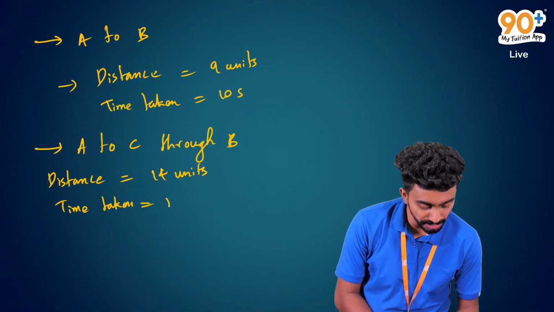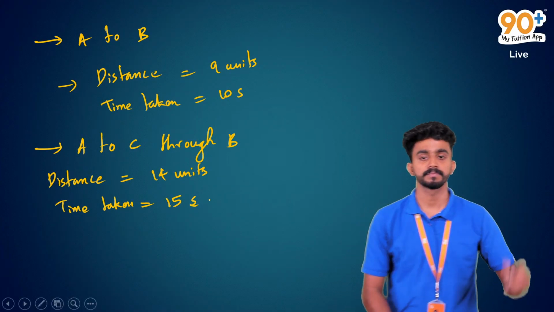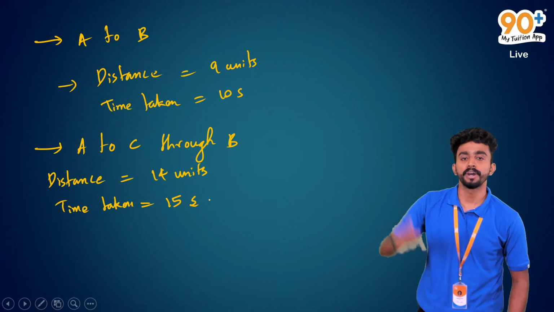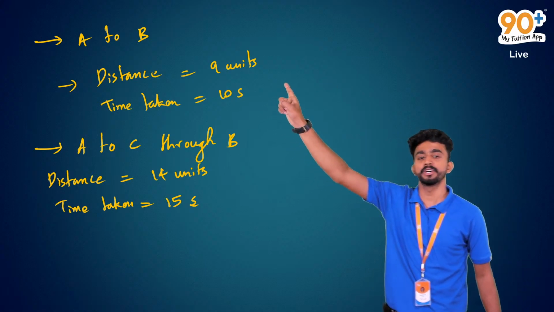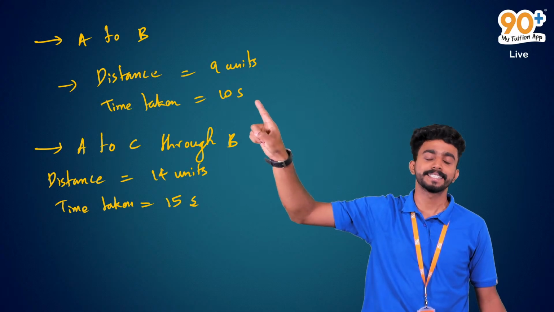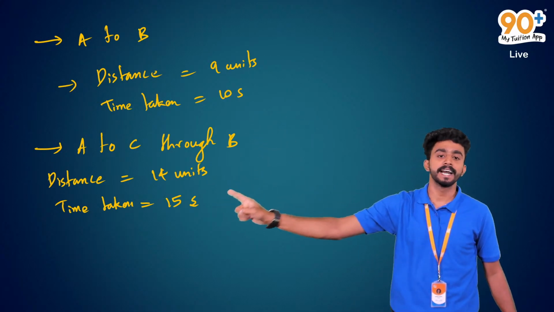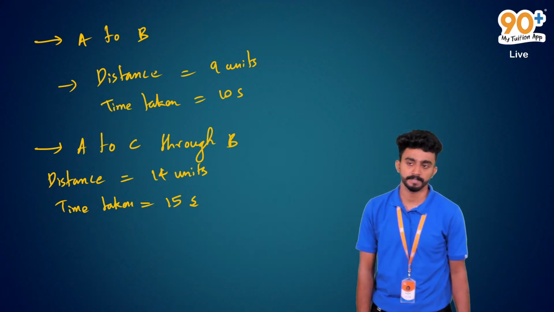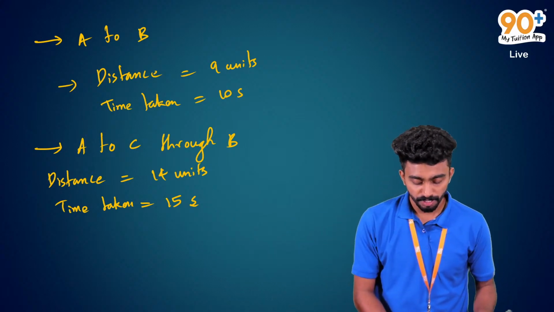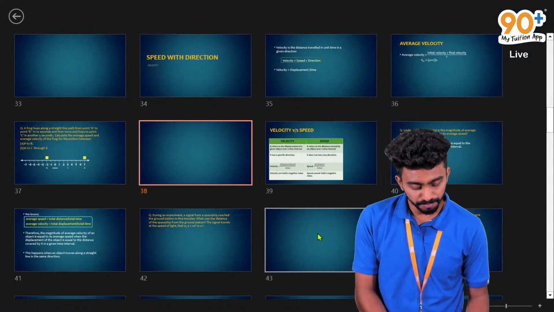Very good, Anika. Clear, everyone? So A to B, the distance is 9 units and the time taken is 10 seconds. A to C through B, the distance is 14 units and the time taken is 15 seconds. Got it?